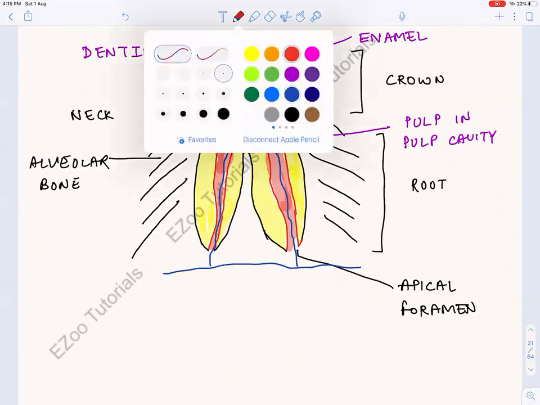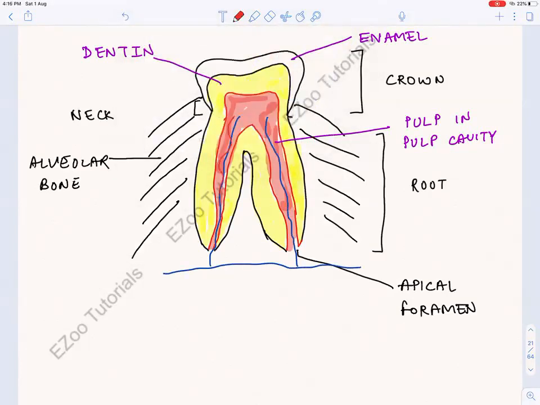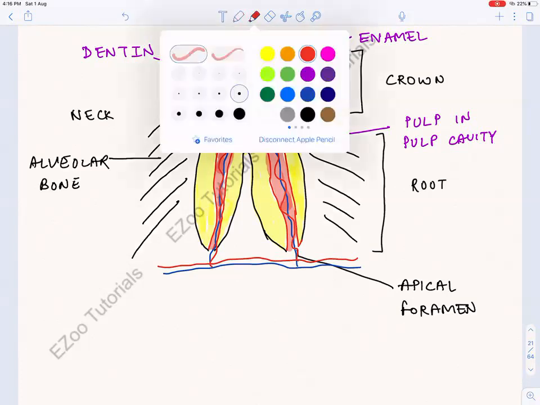So blood vessels pass through this apical foramen. Okay, and now what else? Then there is this cementum. What is cementum? The dentin of the root is covered with cementum.